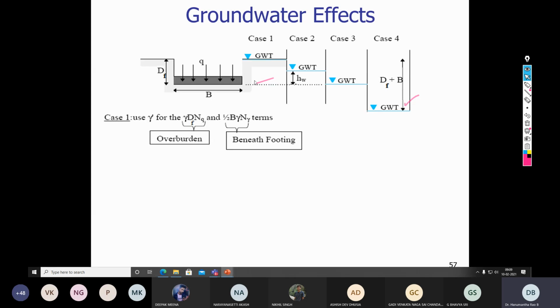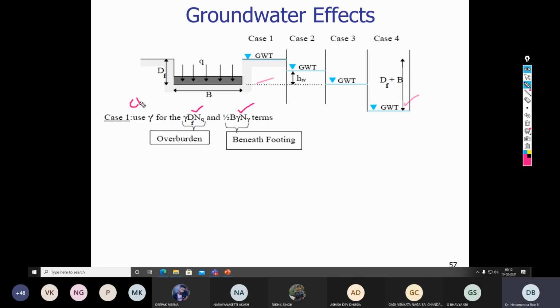So first, case 1. If you look at the bearing capacity equation, there are three terms. Q ultimate is nothing but cNc plus qNq plus half gamma B N gamma.